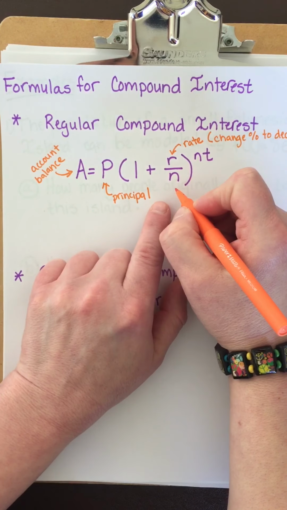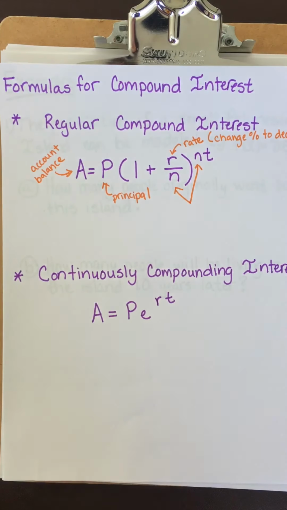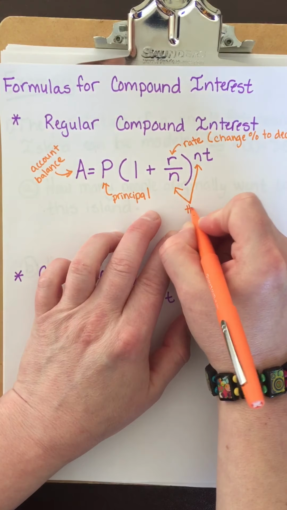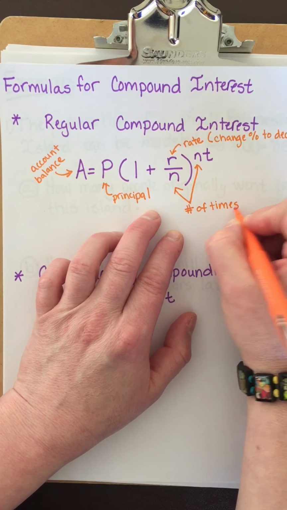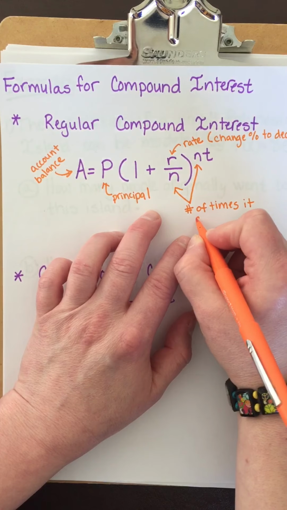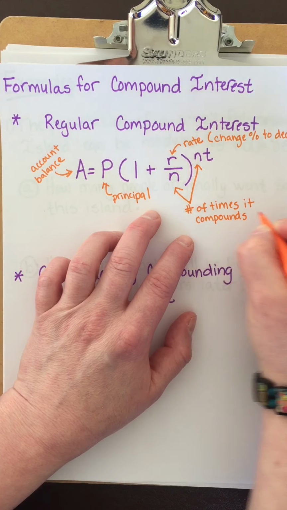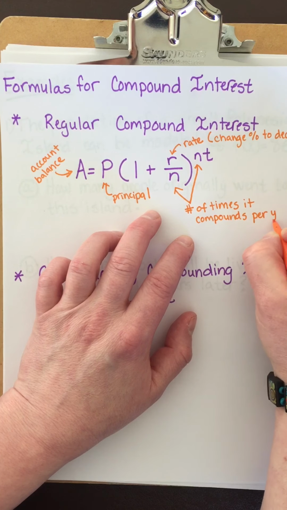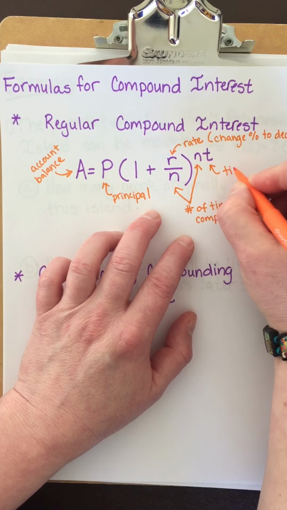N, and both of these n's are going to be the exact same thing. N represents the number of times it compounds per year. And we'll talk more about that in a second. And then t is just your time in years.